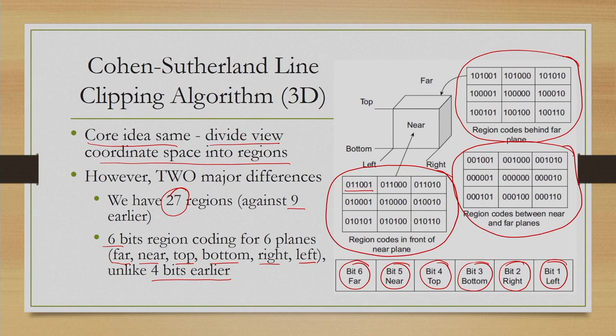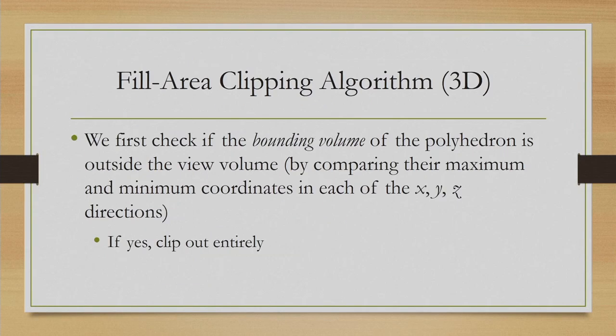The idea remains the same as in 2D, only the size changes because we are now dealing with 3D. The other steps remain the same. Now, let us try to understand the extension of the algorithms for fill area clipping. Here, what we do?